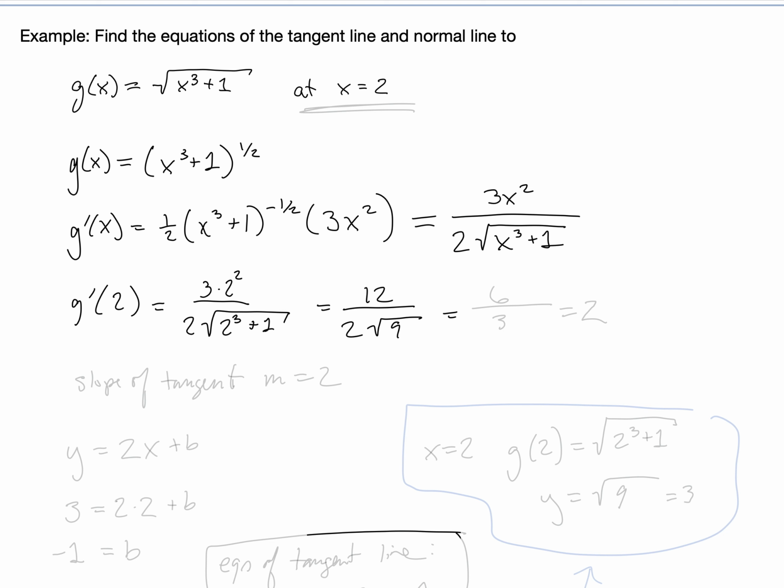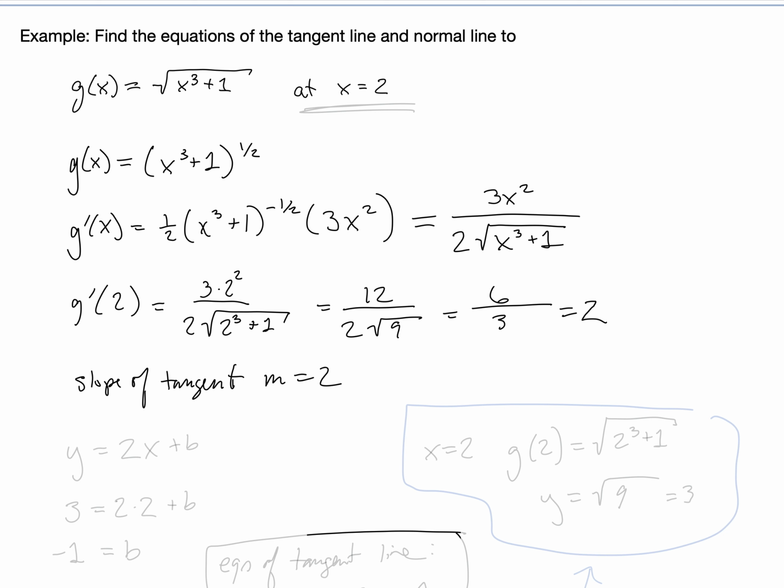And so that's 6 over square root of 9 is 3, and that just simplifies to 2. So g prime of 2 happens to be 2, just a coincidence in this case. And that is the slope of the tangent line. So slope of tangent line is m equals 2.